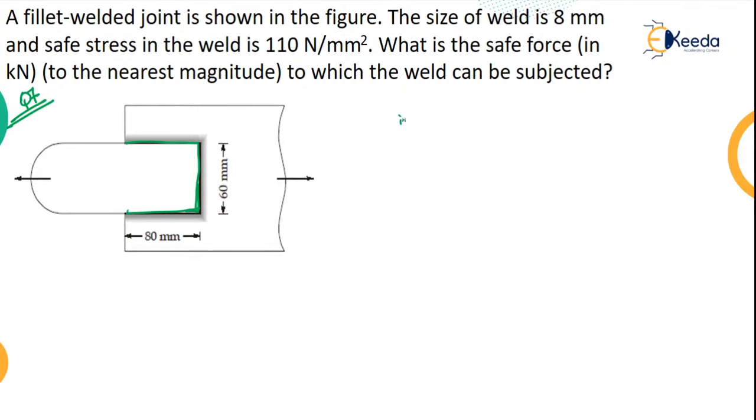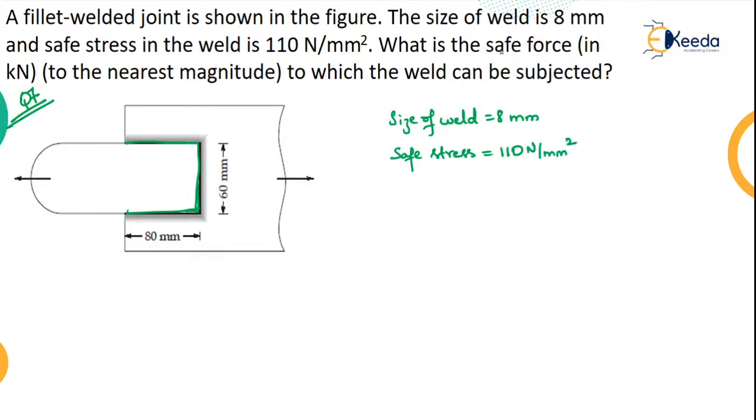The size of weld is 8 mm, and the safe stress in the weld is equal to 110 Newton per mm square. Safe stress is equal to 110 Newton per mm square.